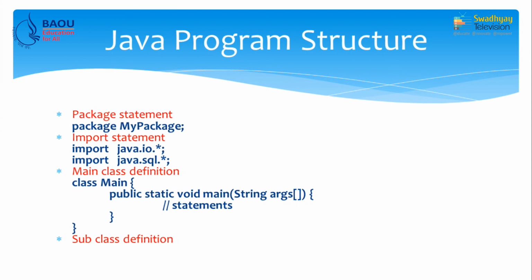And suppose we have some other classes other than the main class, you can always write those below the main class as subclass definitions. Again, this is an optional part. So, this is all about our Java program structure.